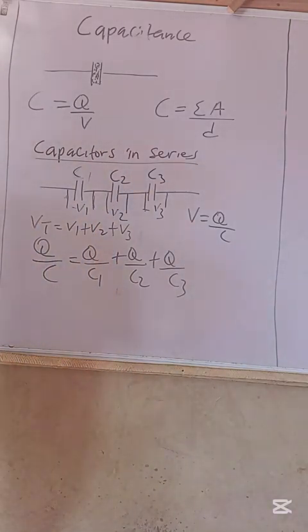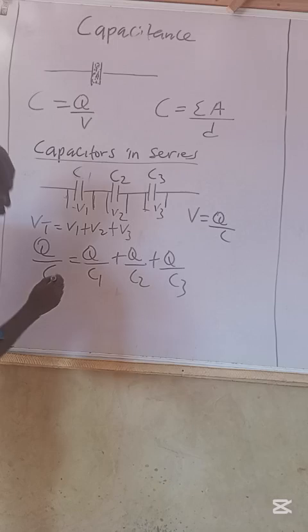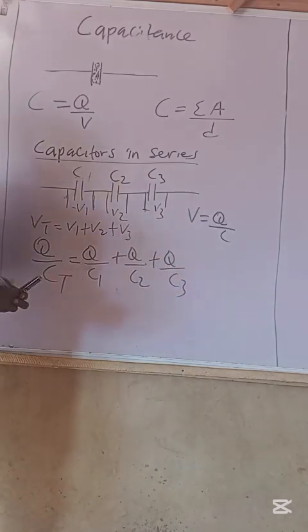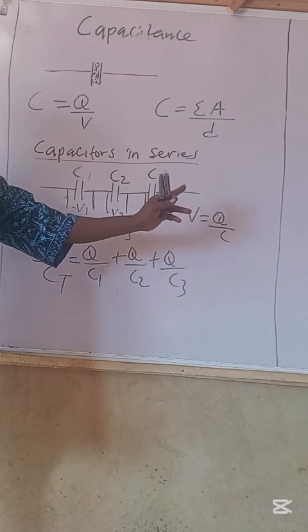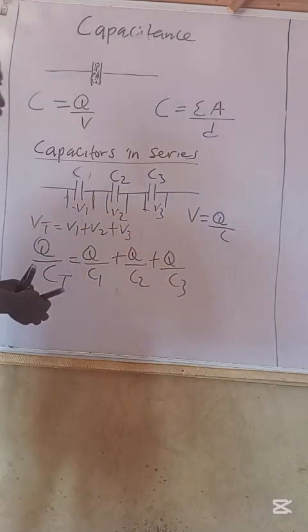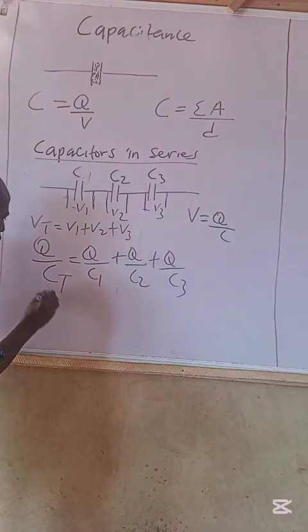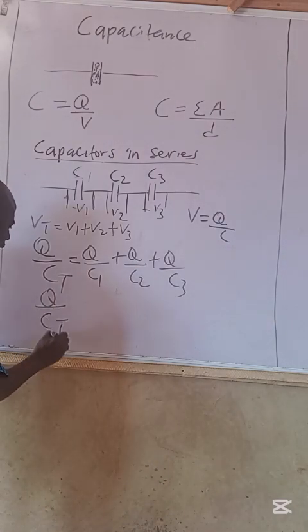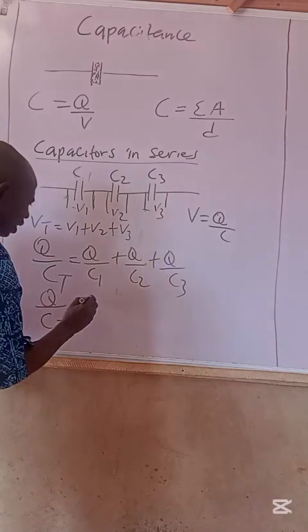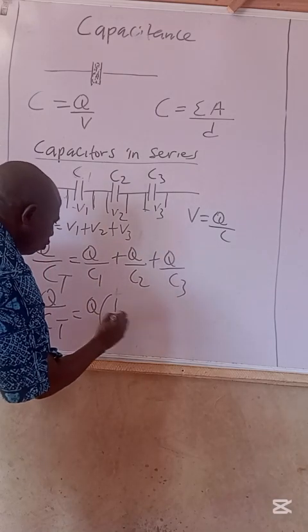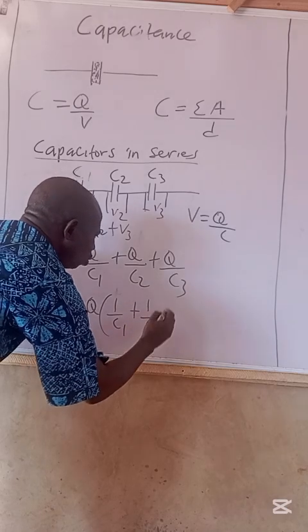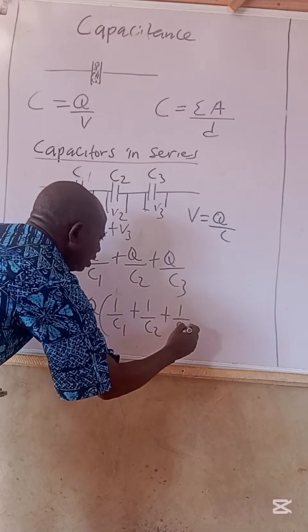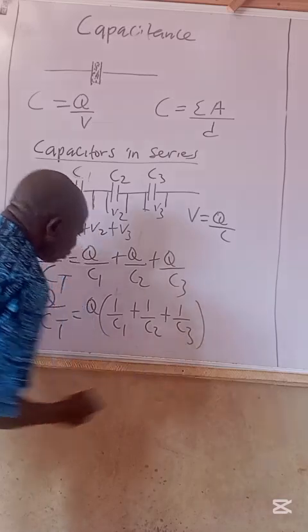Now you can see that this one, C, I label it 1, 2, 3, but I don't label this one because the same charge flows through it. Now we do mathematics. We have Q over C total equal to, we bring this Q out, Q times 1 over C1 plus 1 over C2 plus 1 over C3.